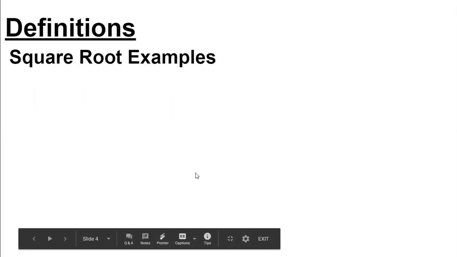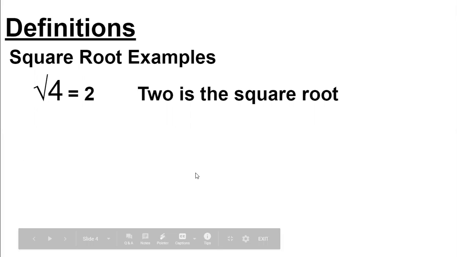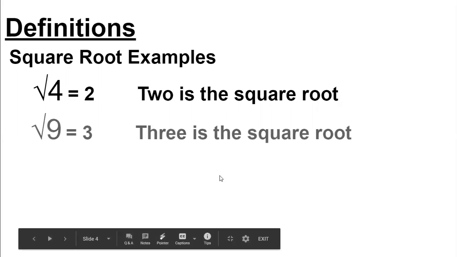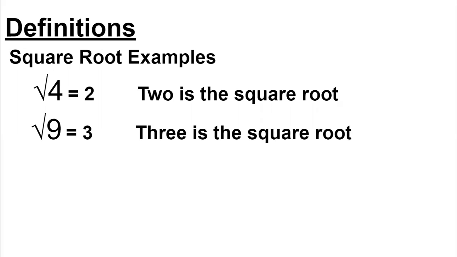So some examples would include the square root of 4 is equal to 2. 2 is the square root, because if I multiply 2 by itself, I will get the answer under the square root sign of 4. The square root of 9 is equal to 3, because 3 is the square root. If I multiply 3 by itself, 3 times 3, I will get the answer of 9 under the square root sign.